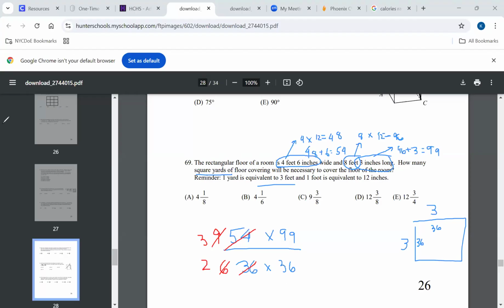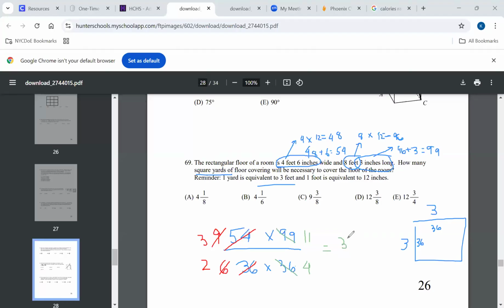Then if you look over here on the other side, there's a couple of things I see. Firstly, I see that 36 and 99 are both divisible by 9. 99 divided by 9 is 11. 36 divided by 9 is 4. Now I don't see anything else to cancel, so let's multiply across.